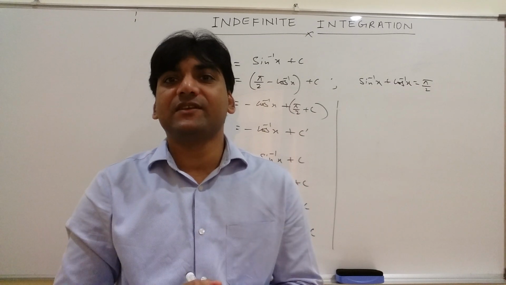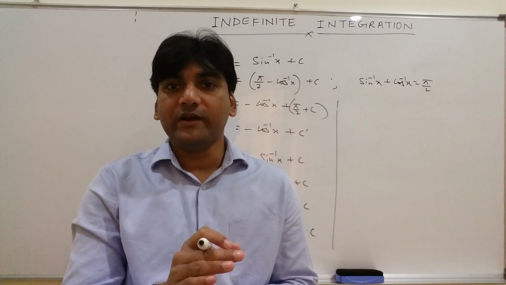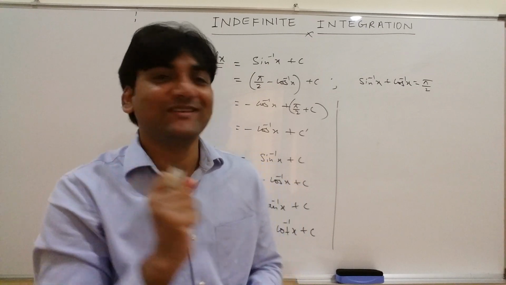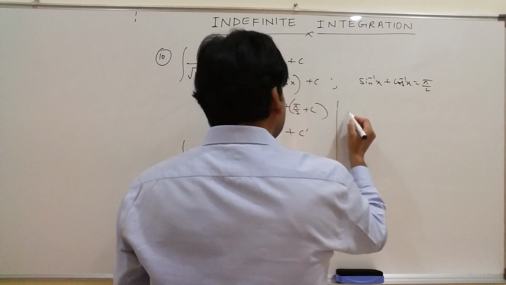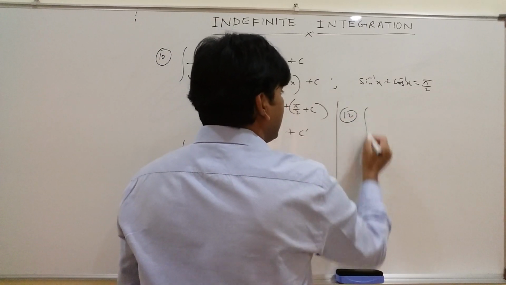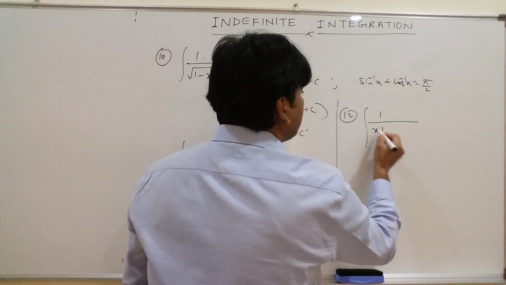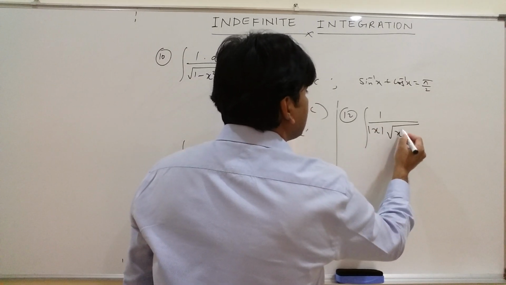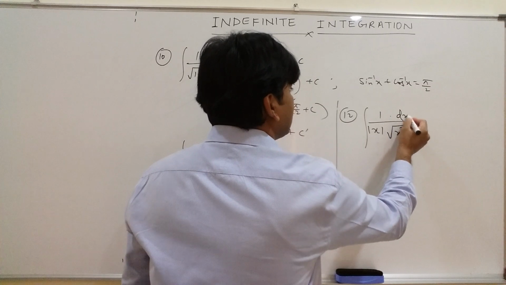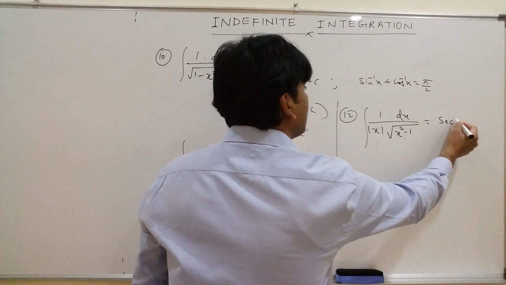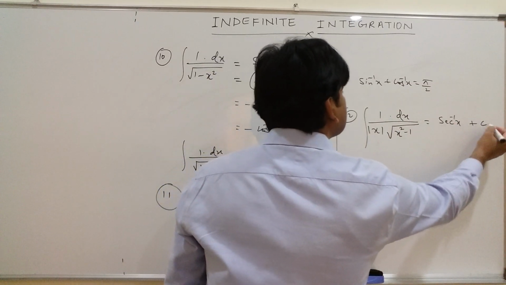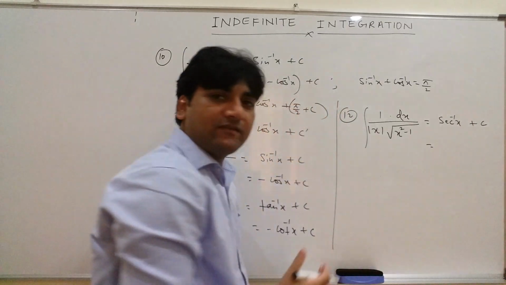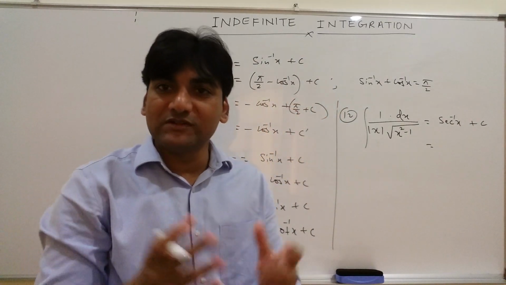Now the 12th one: what is the derivative of sec inverse x? Sec inverse x derivative was 1 over mod x root x square minus 1. If I take the integration of 1 over mod x root x square minus 1, then what is the answer? The answer would be sec inverse x plus c. And we know sec inverse x plus cosec inverse x equals pi by 2.